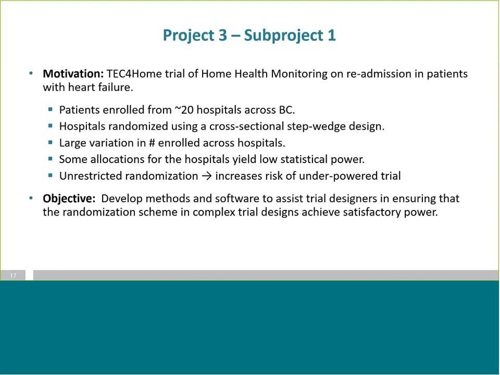That is to say, at the end of the day, you'll find out that your trial doesn't actually have the power to show benefit just because of how these hospitals were allocated. Okay.